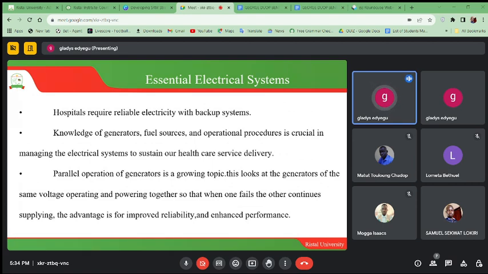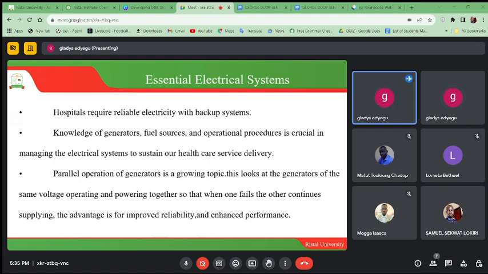I talked about solar, which can be a different fuel source to help us have reliable electricity so that we can provide services to our clients, because we cannot sustain services in our hospitals if we don't have reliable electricity that can help us run the different machines to provide the different healthcare services.